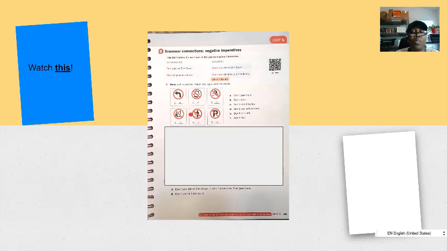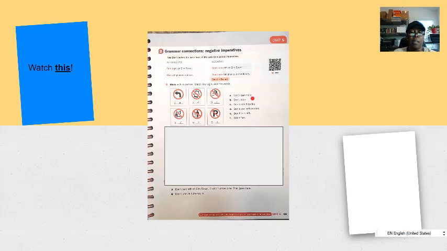This one is F, don't fish. They don't want you to fish here. Then you have this guy, and he just finished eating something, and now he's got the trash, and he's just throwing it out. So this is B, don't litter. And of course, this one with the big P and the slash through it is A, don't park here.